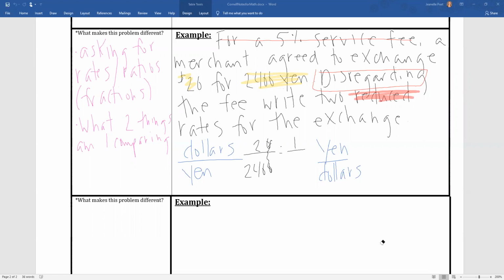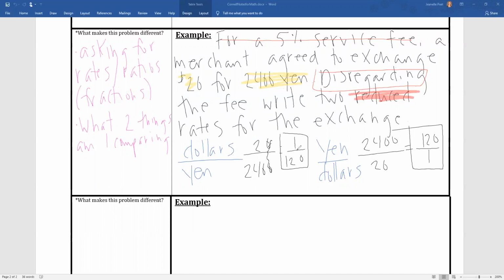When I reduce that, I have 1 over 120. All right, so there's one reduced one. Or I can flip that. I have 2,400 yen for every 20 American dollars. So literally what I can do is take this fraction, this rate, this ratio, and flip it. All right, so there are my two ratios.